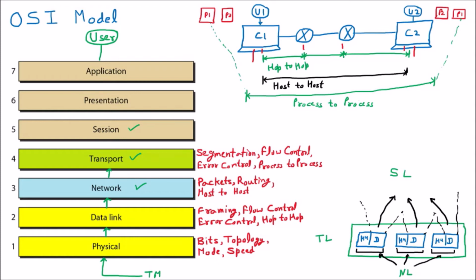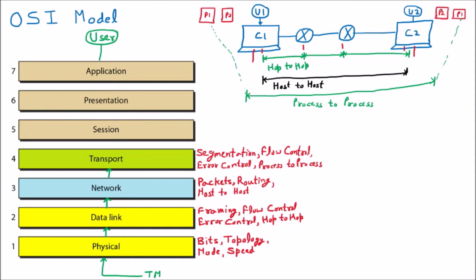Now the next one we have is the session layer. So data is now moving to the session layer. From the transport layer, we are moving the data to the session layer. To make the diagram of the session layer, we are representing a block. This is the block of the session layer, so I am writing here session layer.